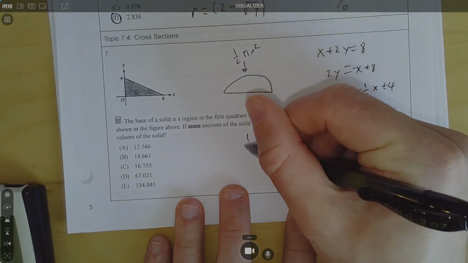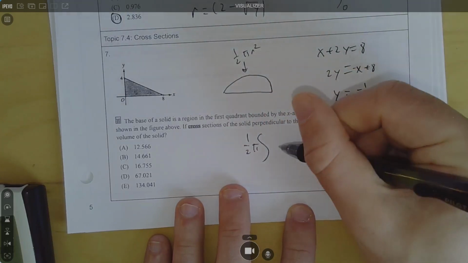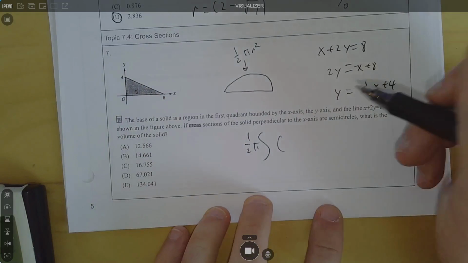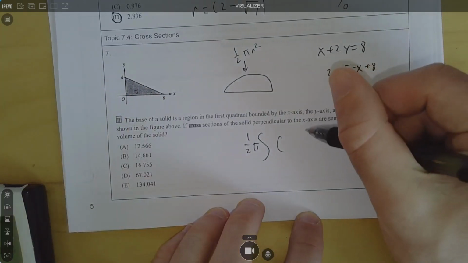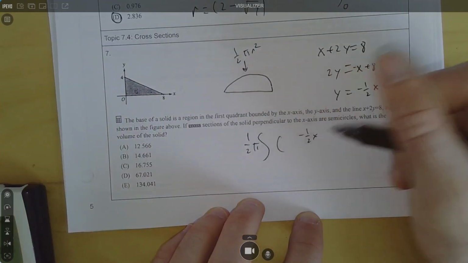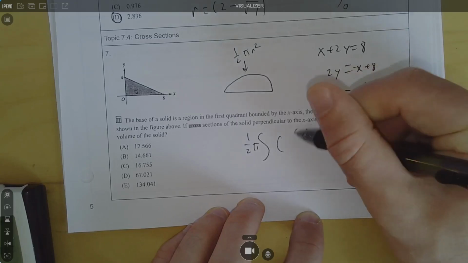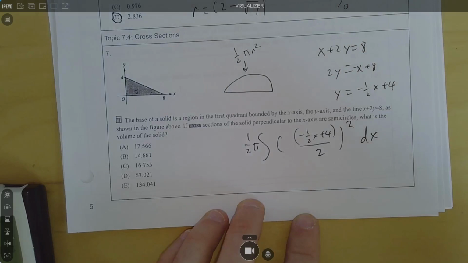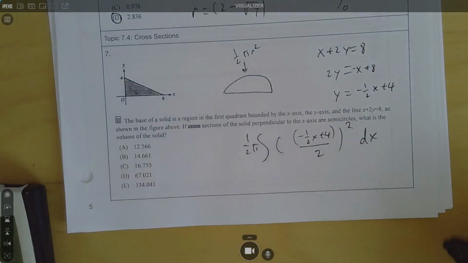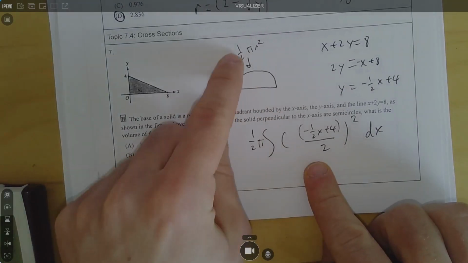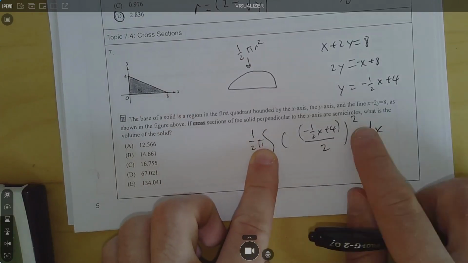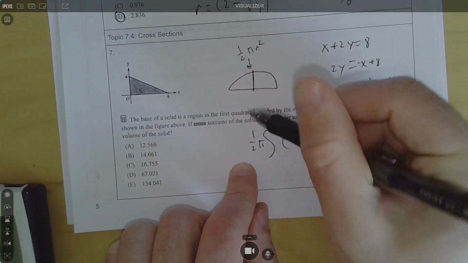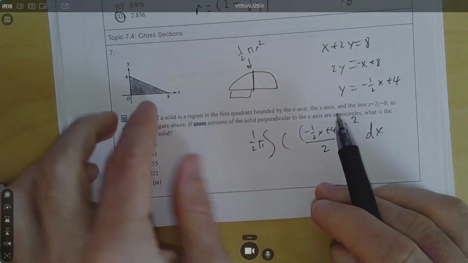It's going to be 1/2 pi, and then my area, which is, there's no bottom, so it's just going to be negative 1/2 x plus 4 over 2 squared dx. That's the pi r squared coming in here. That's the 1/2. That's the pi. That's my r squared. I'm dividing by 2 because it's the radius, right? It's this distance here. So I want to cut this distance in 2.